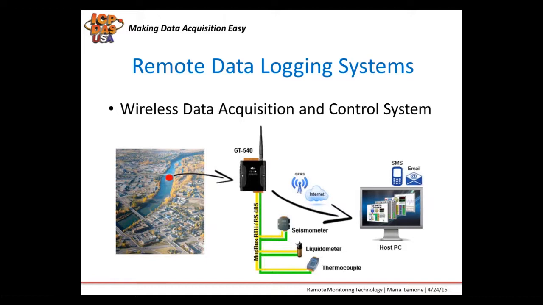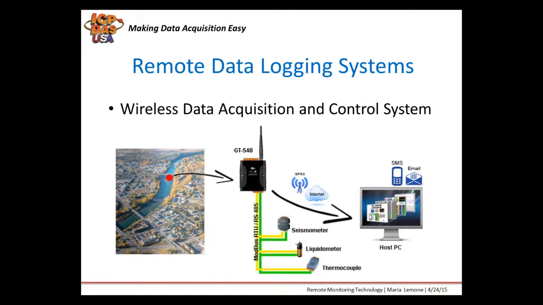For example, in this application picture, the system is built to log data from a river for water quality monitoring. The data is taken by the GT540 Cellular Wireless Internet GPRS data server that will send emails or SMS text messages to the computer.